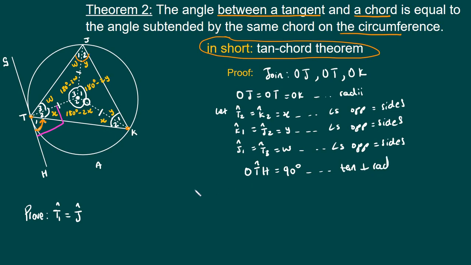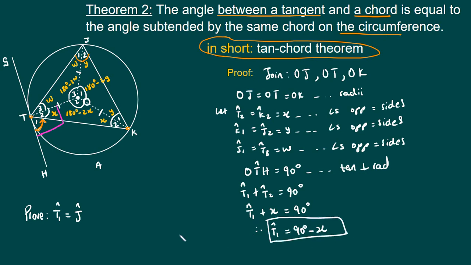That is the only way you can get the expression for T1. So OTH is made up of T1 plus T2. Do we agree with that? So we have T1 plus x being equal to 90 degrees. Therefore, your angle T1 will be 90 degrees minus x. Then you have the expression for T1.